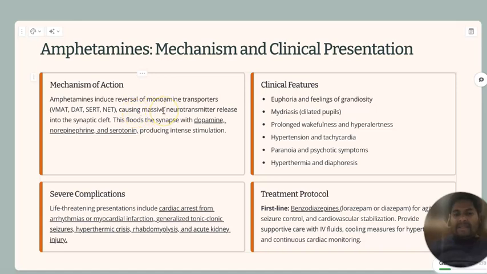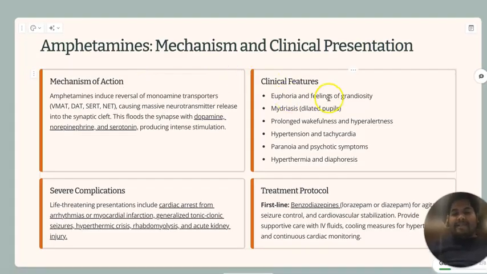This reversal of monoamine transporters leads to an increased amount of dopamine, serotonin, and norepinephrine in the synaptic cleft, and because of that, this leads to stimulant action in the brain. So this is the mechanism of amphetamine.